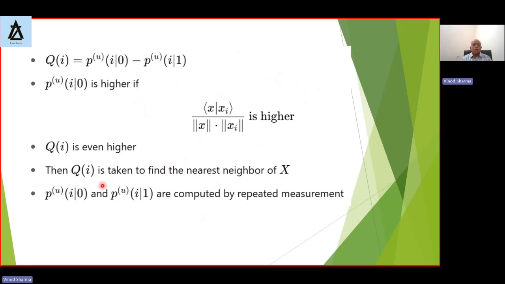So pick Qi, which are the nearest over x, and that's how we can classify this x. Now, to get this Qi, which is obtained this way, we need to have these two probabilities. These probabilities are computed by repeated measurement of the first qubit.